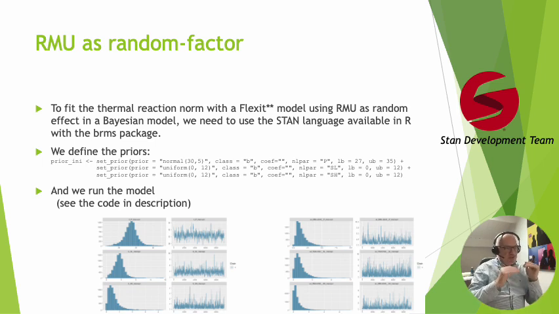For each panel of 2 vignettes, you have 1 parameter, and so you have 6 couples of vignettes, the 6 parameters of the random effect model for RMU.